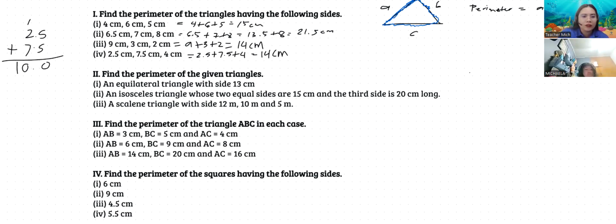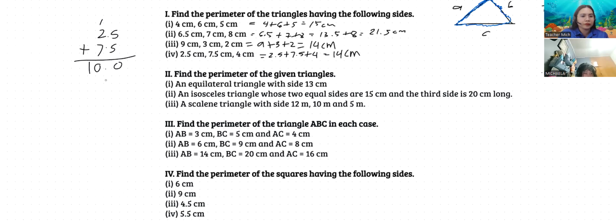So all sides are equal. Okay, next one. We have here the isosceles triangle. If it is an isosceles triangle, anak, always remember, how many sides are equal? 2.